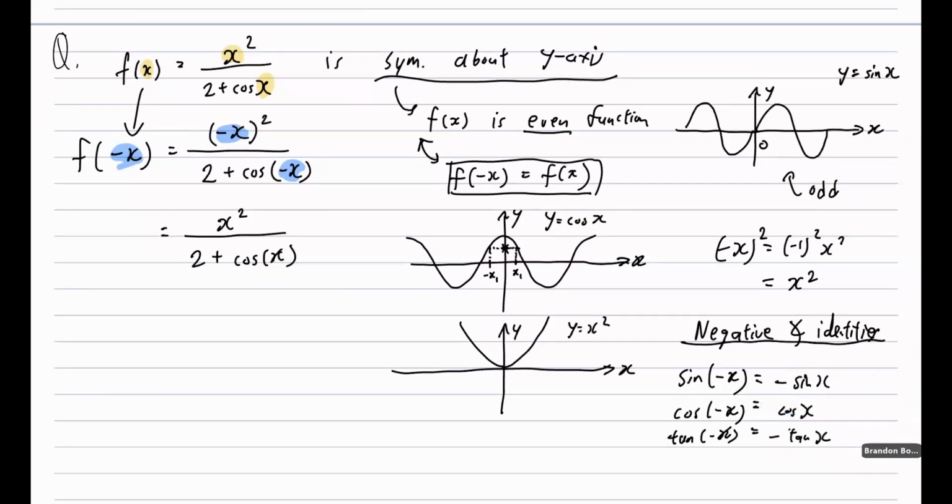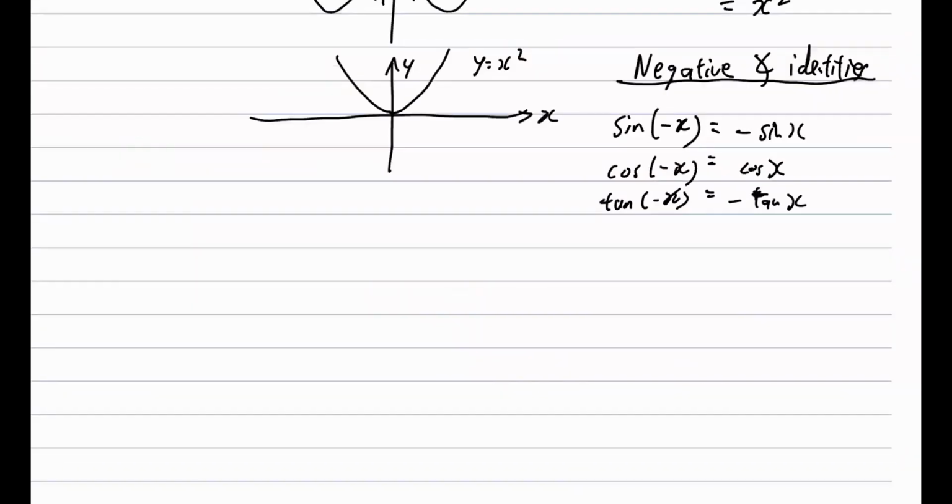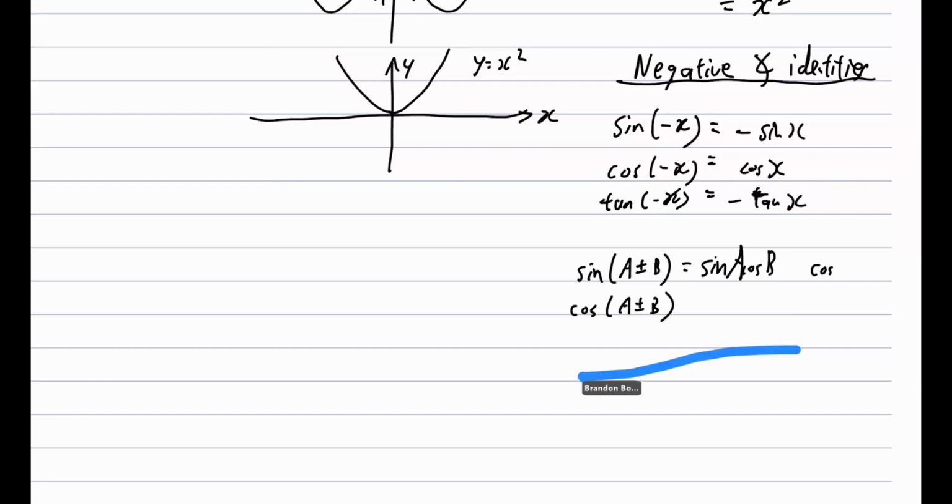Exactly. What's the other one where cosine is different? Sine of a plus minus b, cosine of a plus minus b. This is sine a cos b, cos a sine b. The other one is cos a cos b, sine a sine b. The top one is plus minus, the bottom one is minus plus.